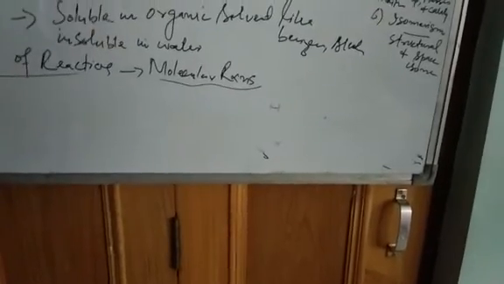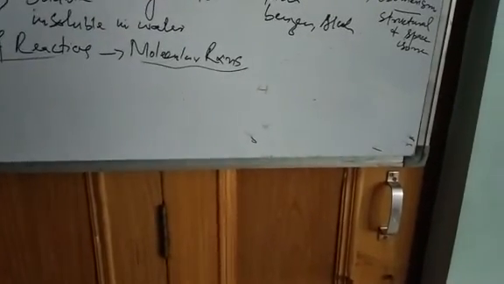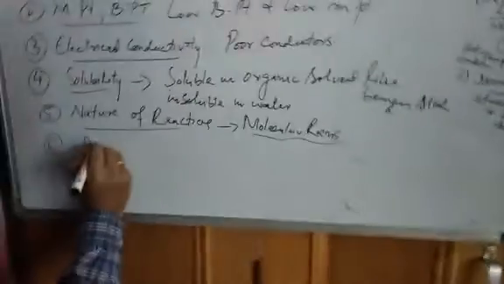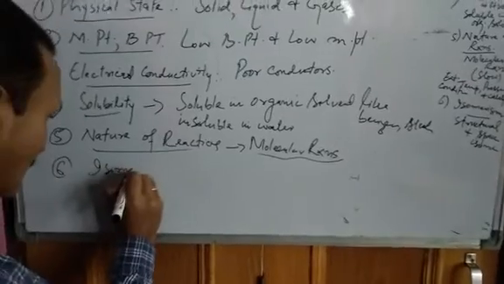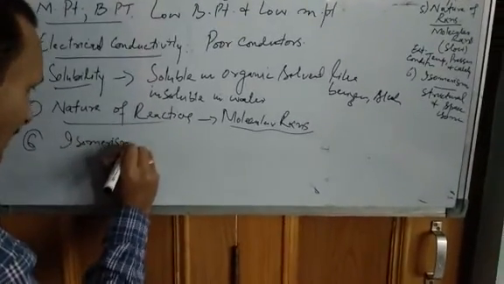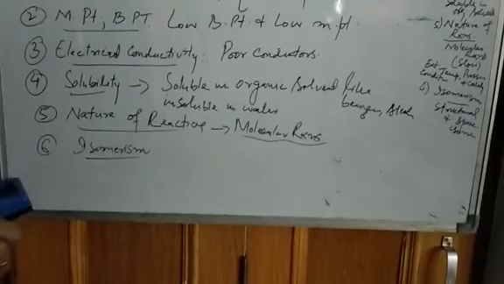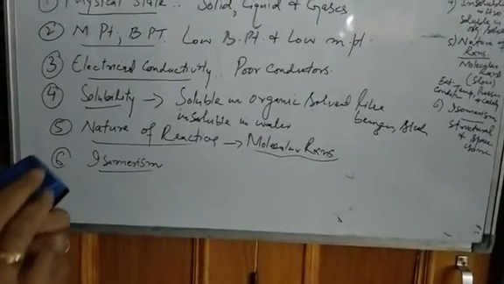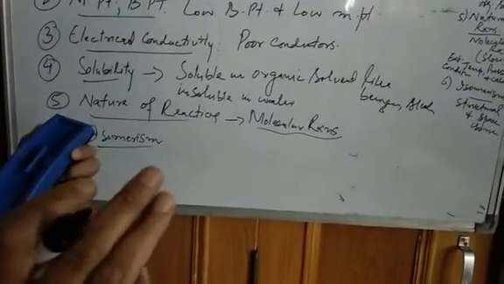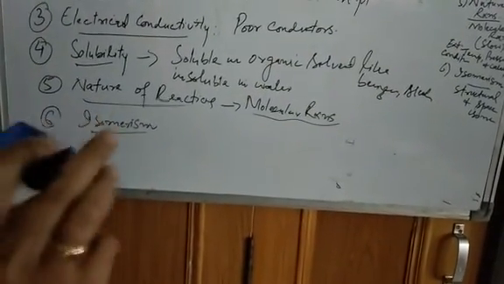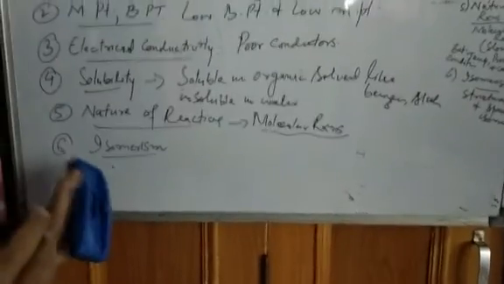And finally, one more characteristic of covalent compounds, that they undergo isomerism. Isomerism, as you know, is a phenomenon by which a compound can exist in different structural formulas but similar molecular formula. So such a phenomenon is known as isomerism.